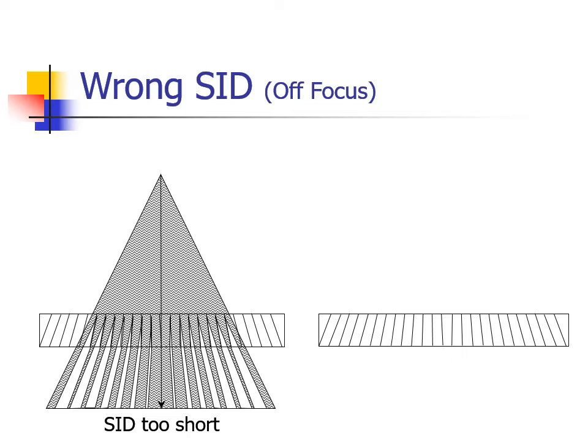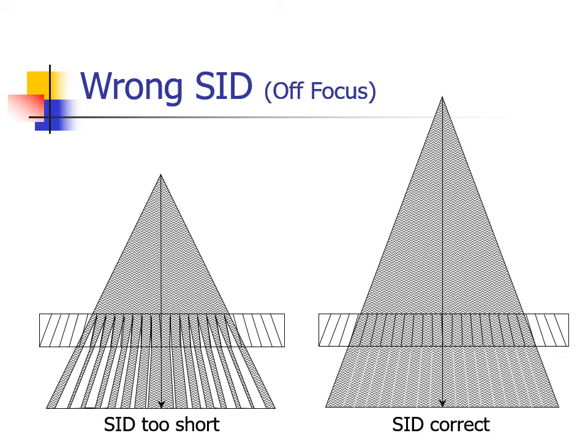In a parallel grid, the longer the source to image distance, the better the X-rays align with the grid strips. For a focused grid, if the SID is too short, the outer strips will cause significant cutoff. If the exposure is made within the focal range of the grid, the angle of the grid strips is parallel to the X-rays across the entire width of the grid, and there is no cutoff.